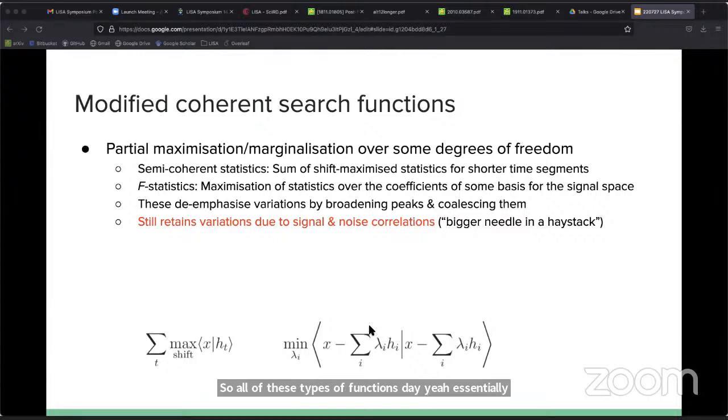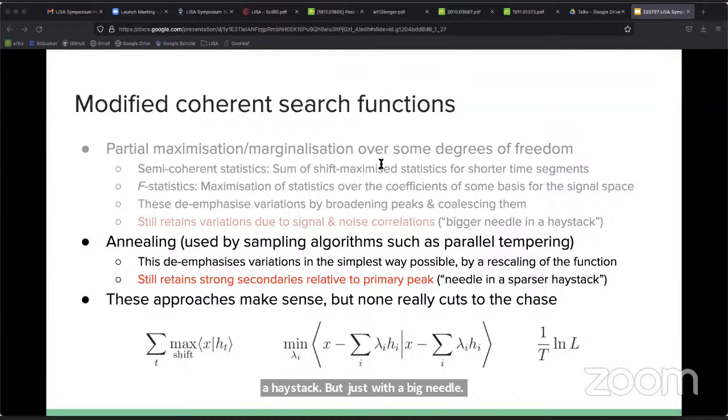And so their general effect is to de-emphasize variations in the search function by broadening and coalescing peaks in the surface. However, something that's maybe a little unappreciated is that these partially maximized functions still retain variations due to both signal and noise correlations. And so the picture we have here is really still that of a haystack, but just with a bigger needle.